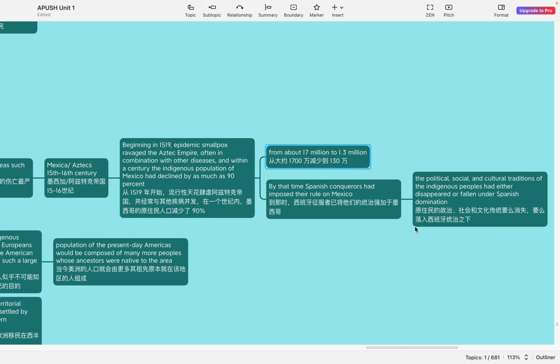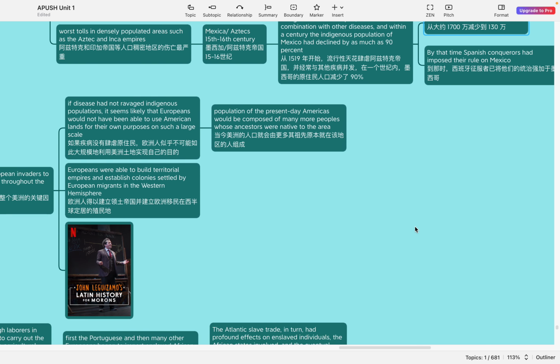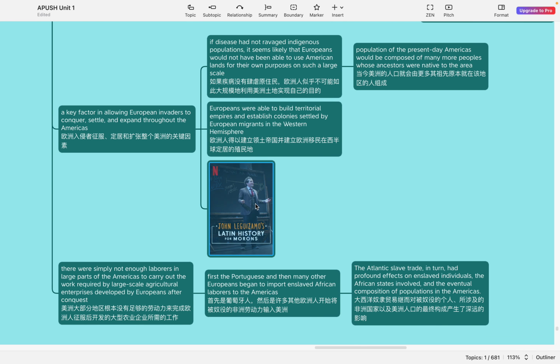The impact of viruses and epidemics on the indigenous population was a key factor in the European invaders' expansion in the Americas.